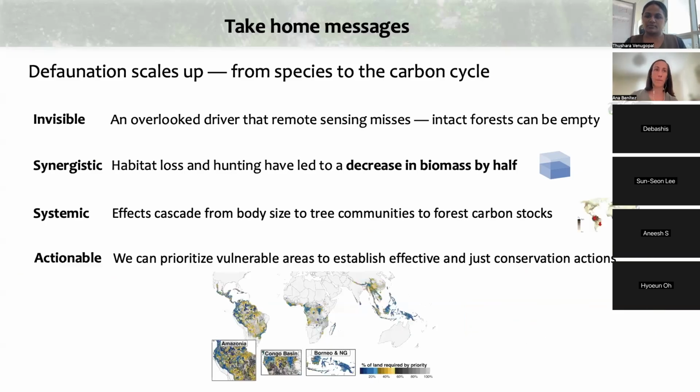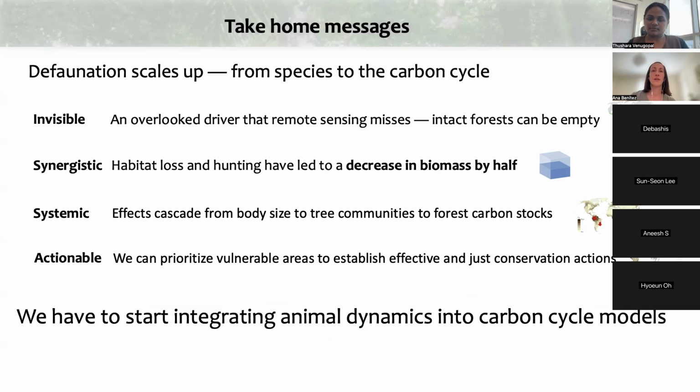And finally, I have tried to focus on some positive sides, so basically where we can establish actions to protect hunting vulnerable communities and establish effective and just conservation actions. And overall, this is not something that I'm the only one saying.